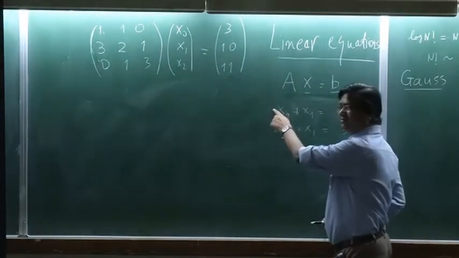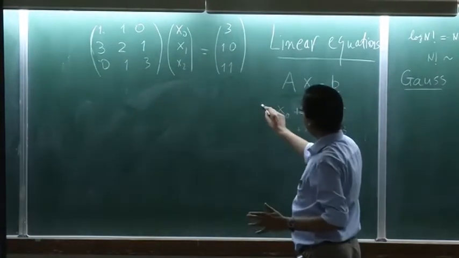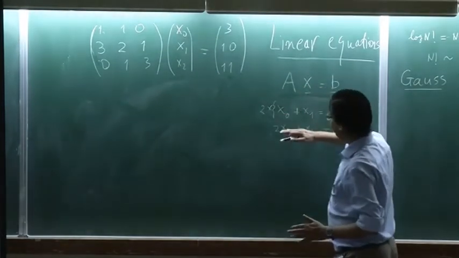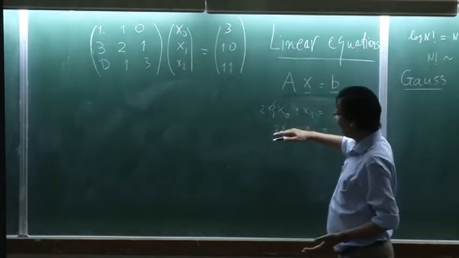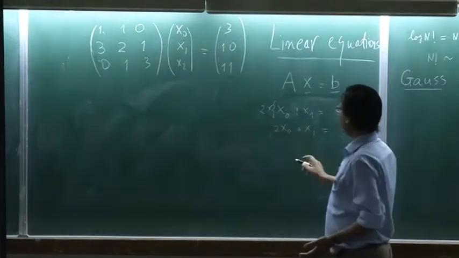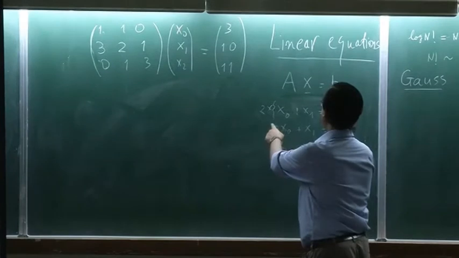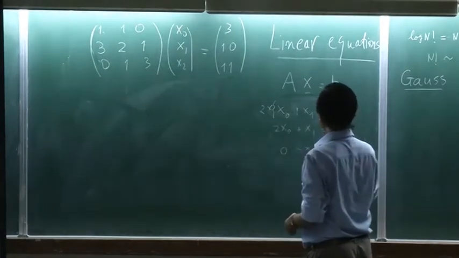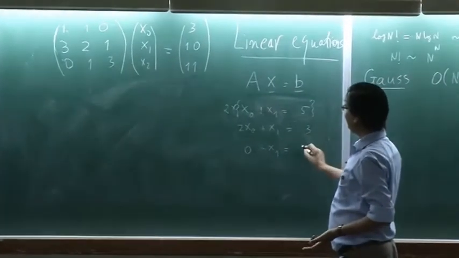I can multiply this equation by 2, since multiplying an equation by any number doesn't change the equation. Then subtract the new equation from this one. So this will eliminate 2x0. The second equation after elimination becomes 0, and x1 minus 2x1 becomes minus x1, and 3 minus 10 is minus 7.